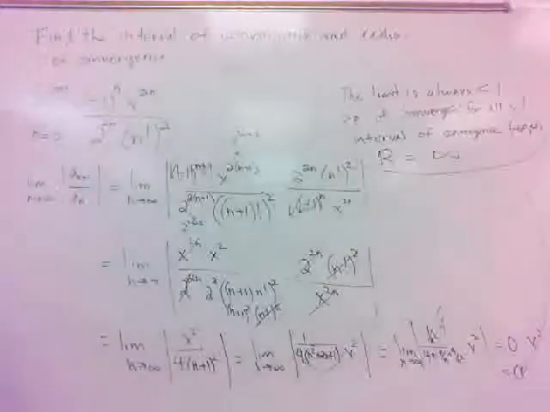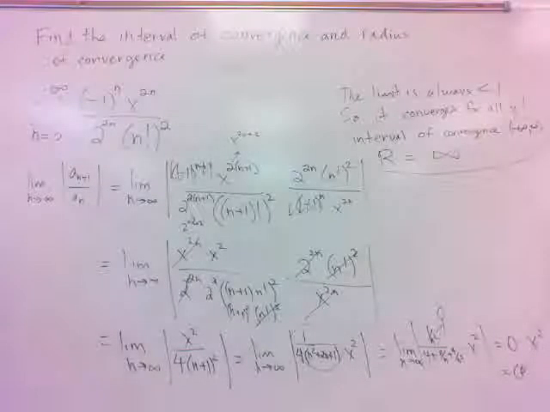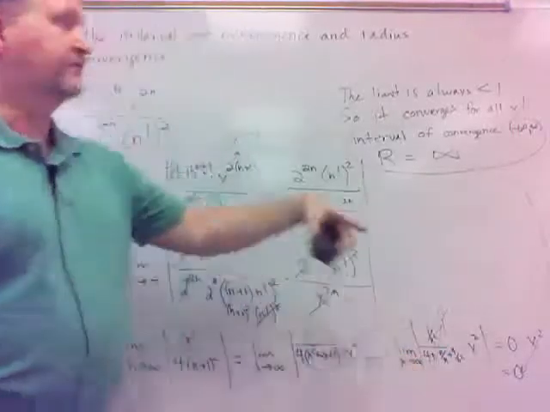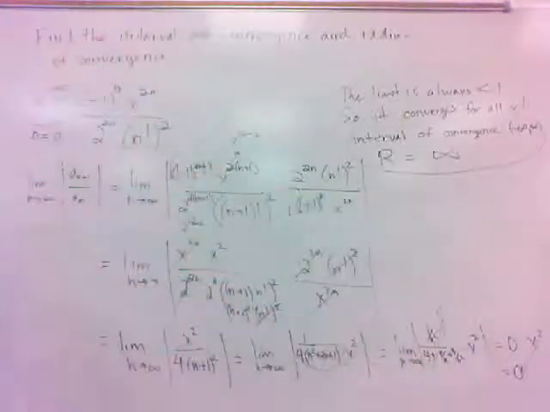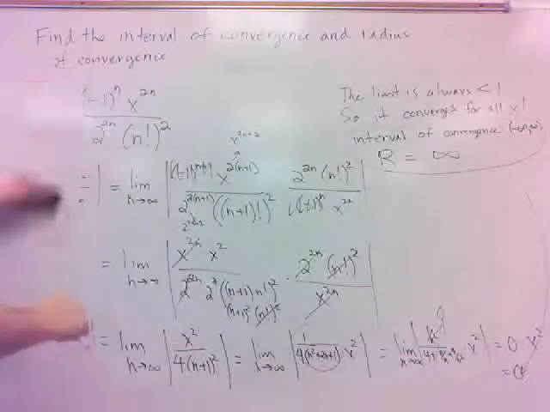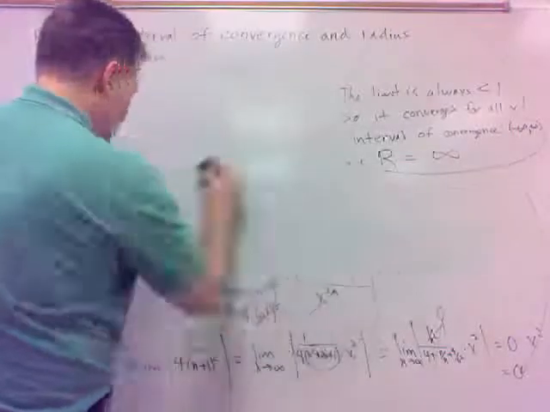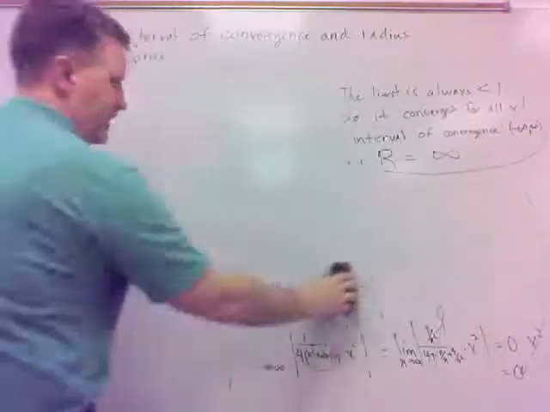All right, is that okay? So that could happen. If you get this limit going to 0, you've got convergence everywhere.